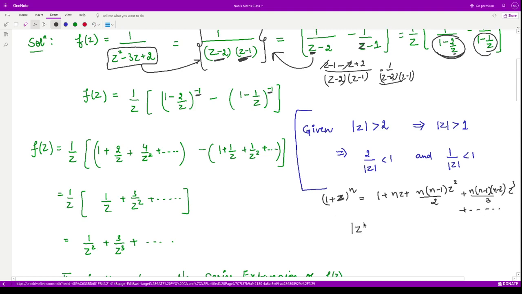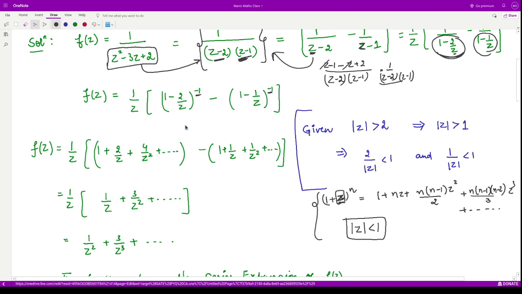Whenever the modulus of z is less than 1. You can do this whenever the modulus is less than or equal to 1. So in our case the term is 2 upon z, in fact with a minus sign.